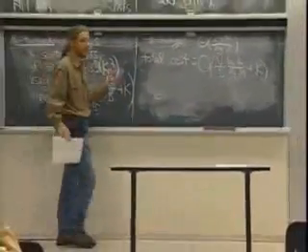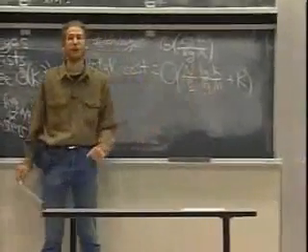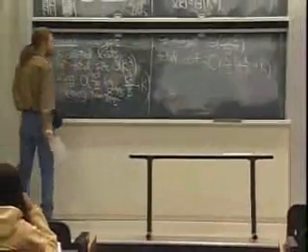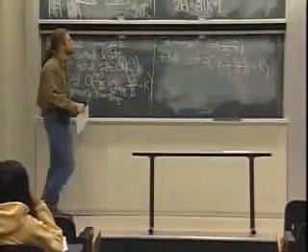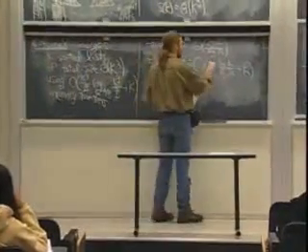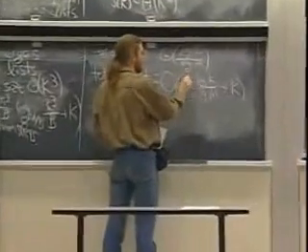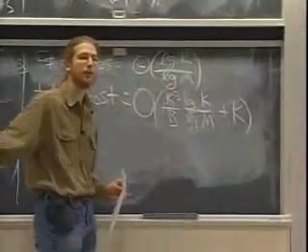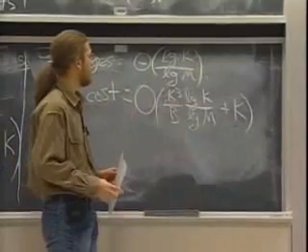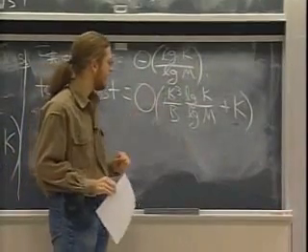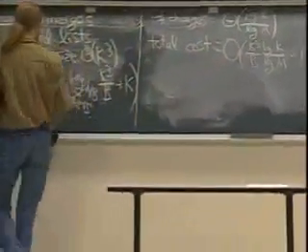This is an amortization analysis to prove this bound. What was n here? I assumed that I started out with k cubed elements at the bottom. The total number of elements in the bottom was theta of k cubed. So I should have written k cubed, not n. This should be almost the same as this.